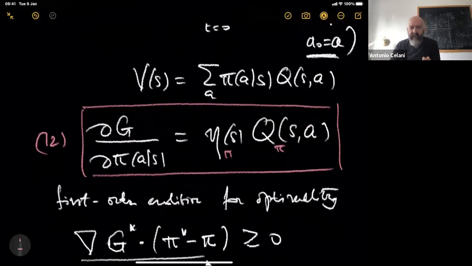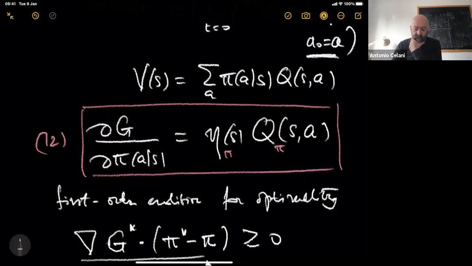Now that we have the gradient, I promised you that if we look for the optimal points given the gradient, then these optimal points coincide with the solutions of the Bellman equation, which is nothing but an exercise to say, okay, everything that we've been doing so far should be consistent with what we do by a totally different route. Okay, so it's a consistency check.